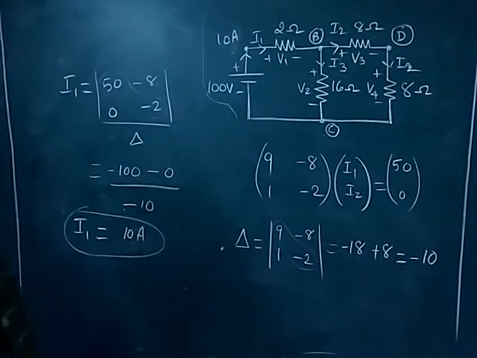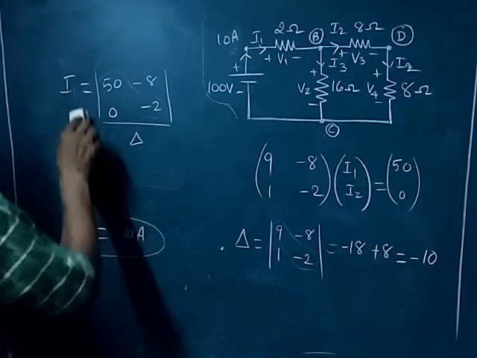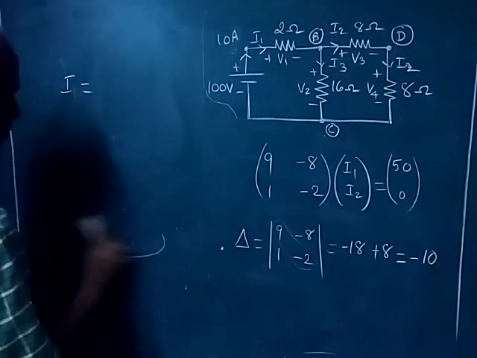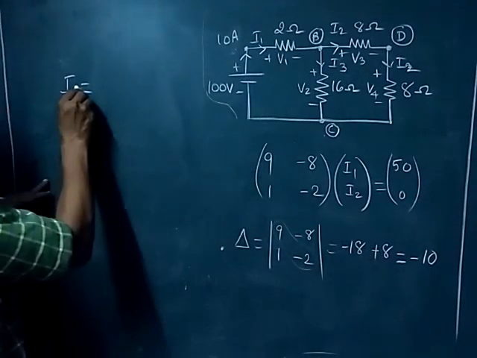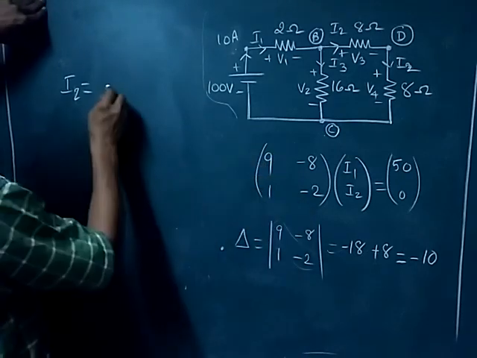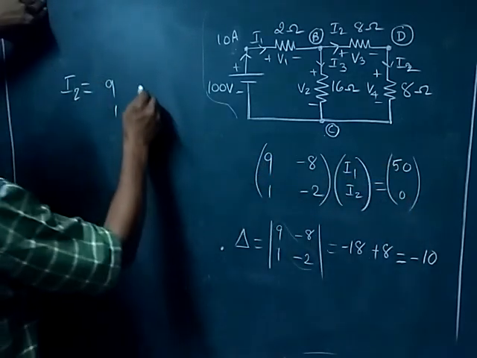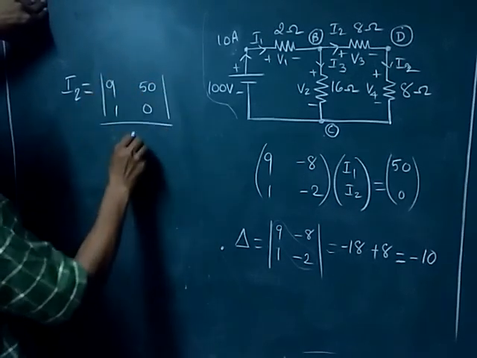Next we have to find out I2 from this equation. Okay. So for finding out I2, what you have to do is, the first column will be written as it is, the second column will be replaced by 50 0, divided by del.